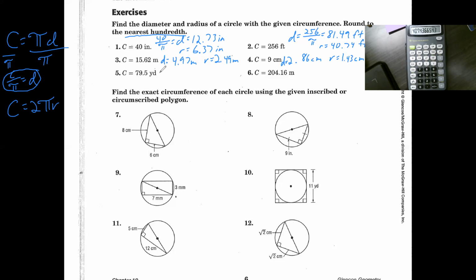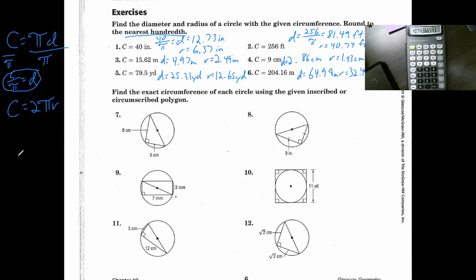For number 5, the diameter is 25.31 yards. The radius, 12.65 yards. On number 6, the diameter is 64.99. The radius, oh, and this was in meters. The radius is 32.49 meters.